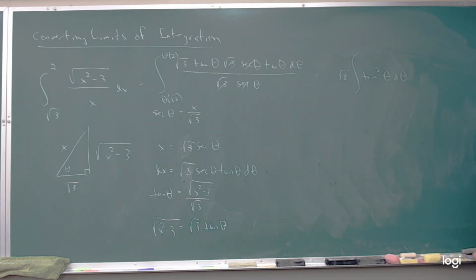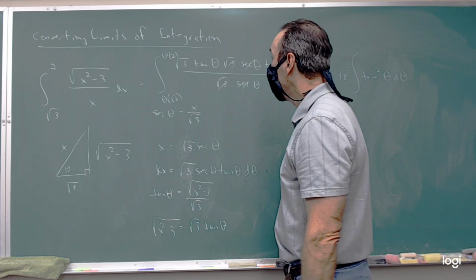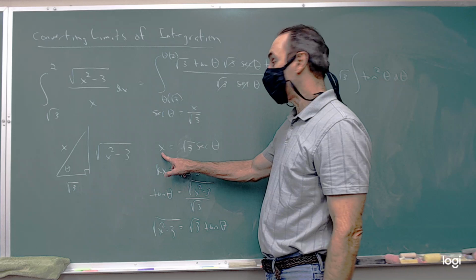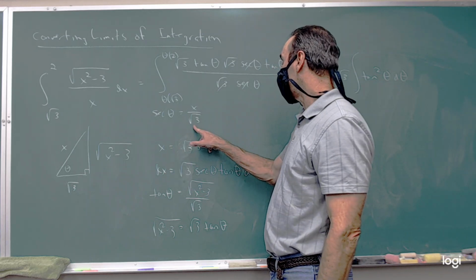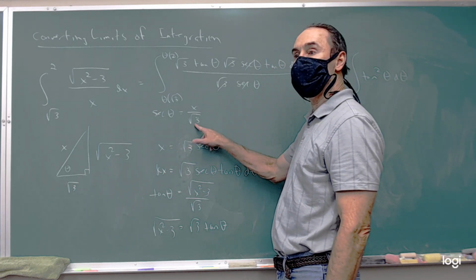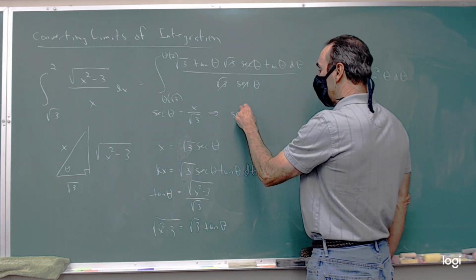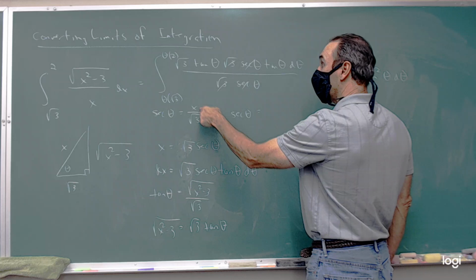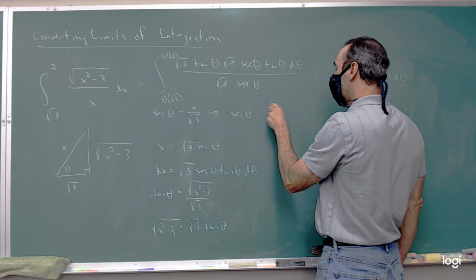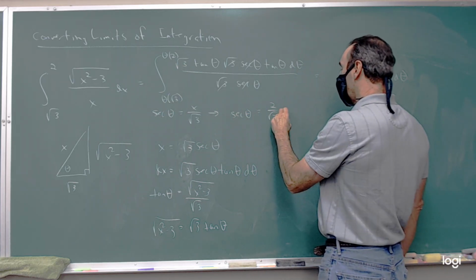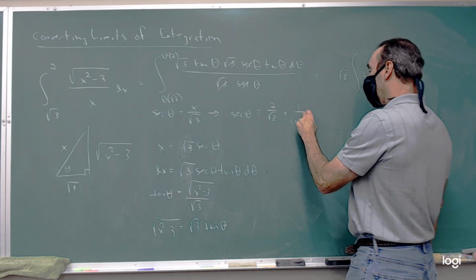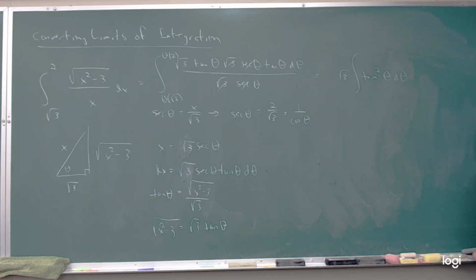And so now what we want to do is say when x is 2. So we can say here that secant theta is, and we're going to plug in the 2 we had for x over square root of 3, and know that secant theta is 1 over cosine theta.